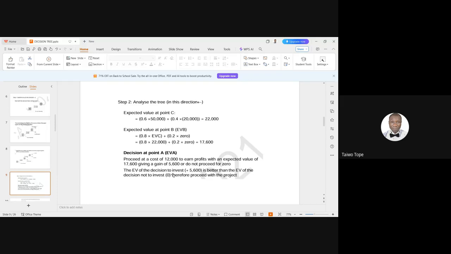So the EV of the decision to invest, 5,600, is better than the EV of the decision not to invest at all. Therefore, proceed with the project.